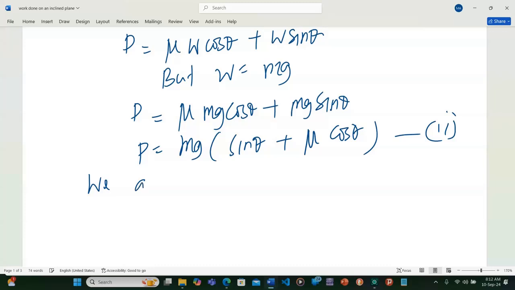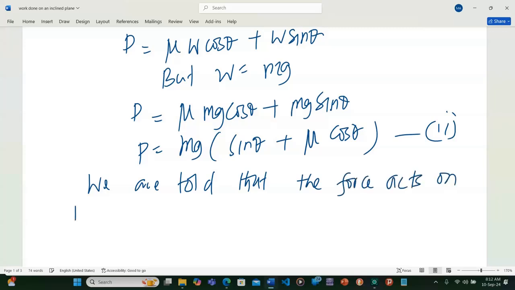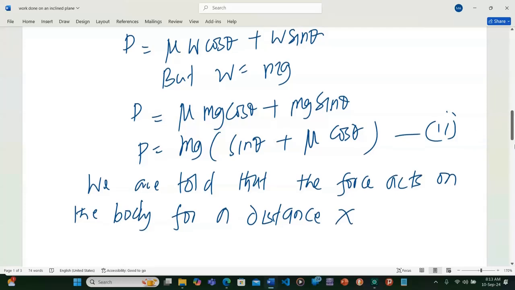We are told that the force acts on the body for a distance x. So what does that mean?